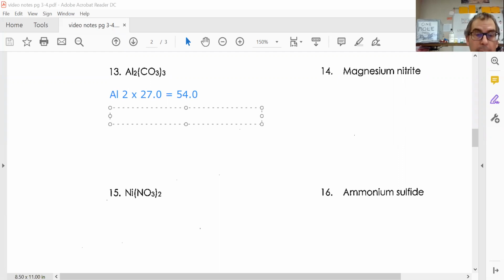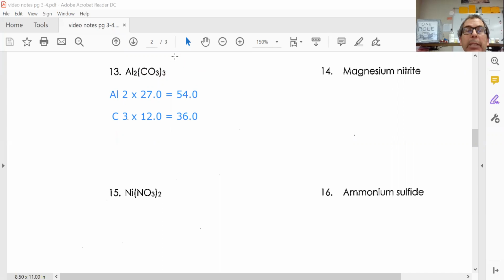So I'm going to say carbon, and then I'm going to say 3 times 12.0 equals 36.0. And the reason I did 3, if I look at this, is I have 3 groups of CO3. So I have CO3 3 times, which means I have 3 carbons, and I have 3 times 3, or 9 oxygens, not 3 plus 3, 3 times 3, which would be 9 oxygens.